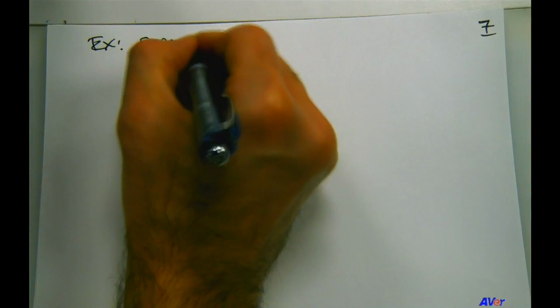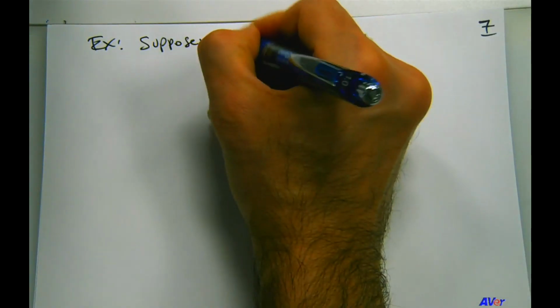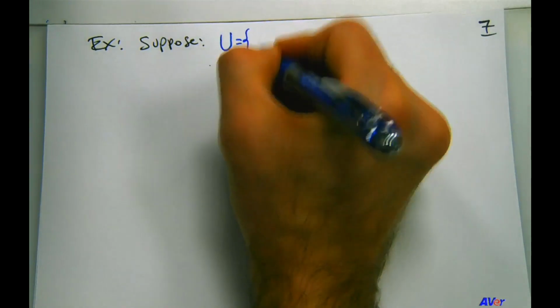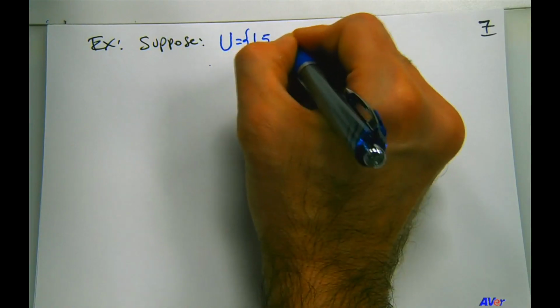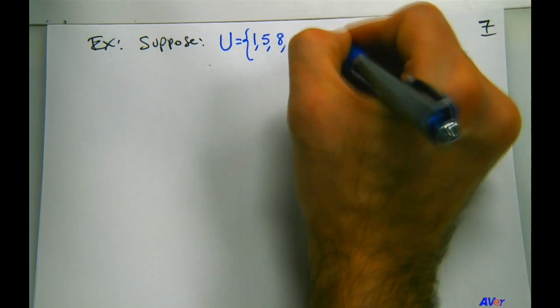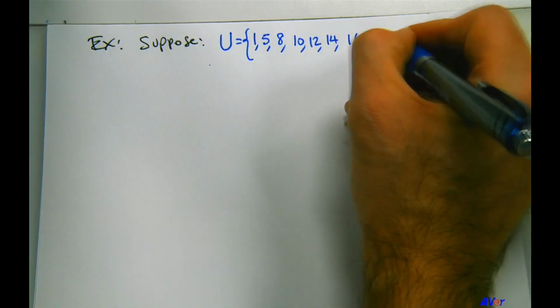So suppose we have these sets. Suppose the universal set, so this is the sample space, U, universal set, is defined as follows: 1, 5, 8, 10, 12, 14, 16, 19, and 22.